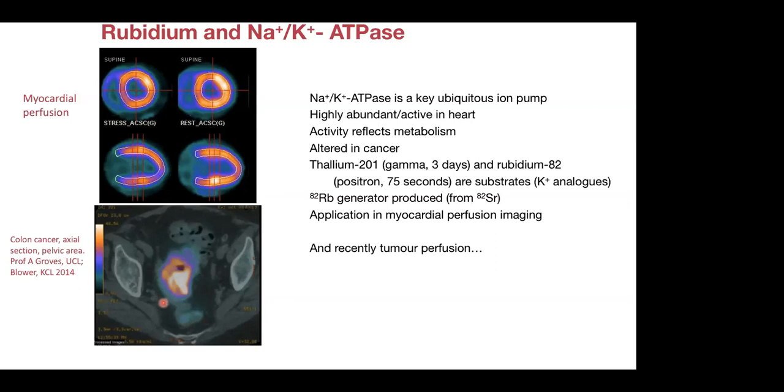Some of that uptake reflects just increased perfusion compared to the surrounding tissues, but some of it doesn't. It probably reflects changes in the activity of the sodium-potassium ATPase. So there is a prospect for being able to measure the function of this transporter in different disease contexts.